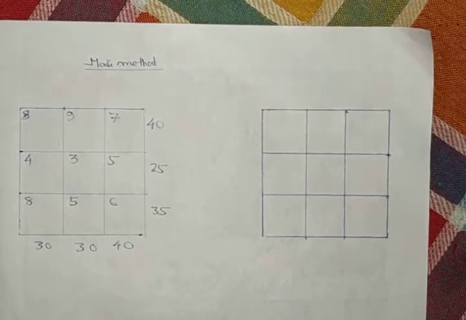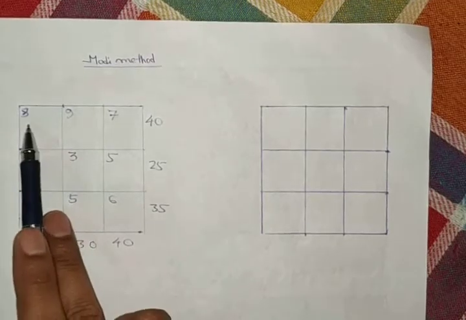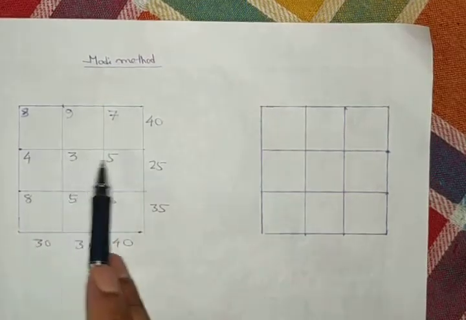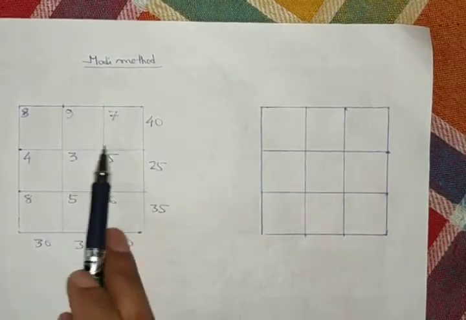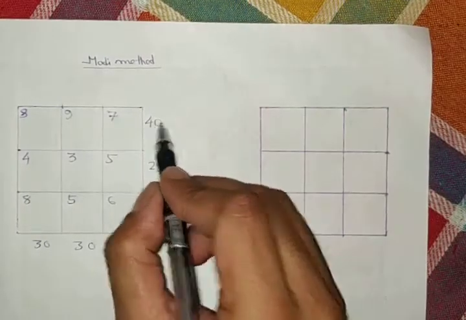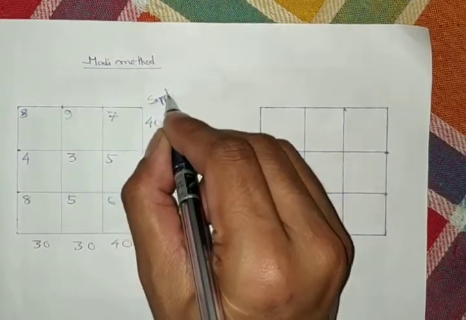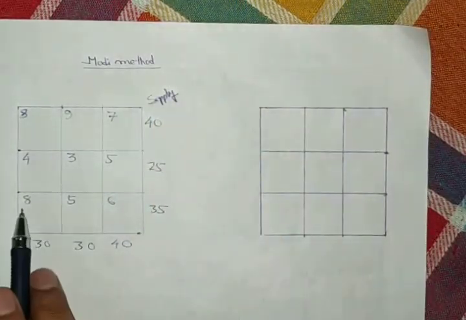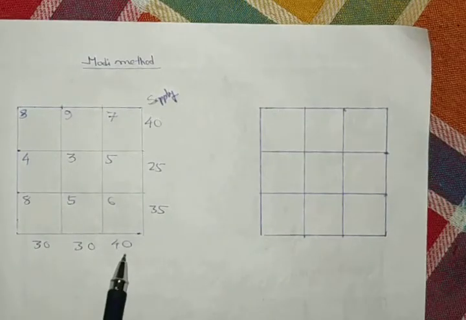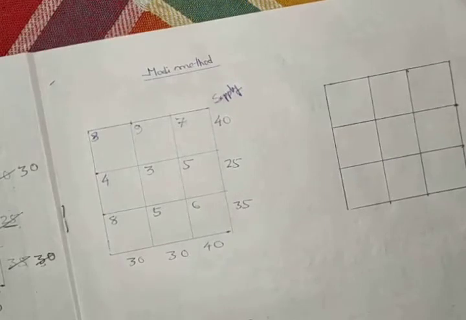Now to understand the Modi method, again we are considering the same problem: 8, 9, 7, 4, 3, 5, 8, 5, 6 as the unit cost of transportation. 40, 25, 35 is the supply, and 30, 30 and 40 as the demand.